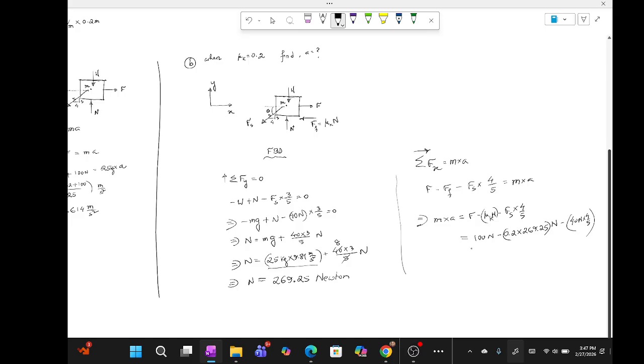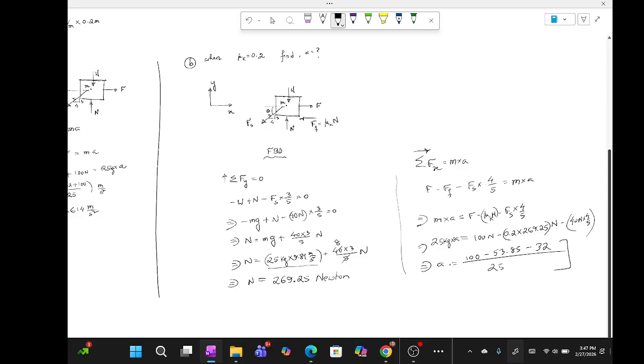So these three components, if you're going to do the math, and you have this 25 kg here multiplied by a, then the a value should be 100 minus, let me do some math here, 0.2 times 269.25, so you can verify it with me, you have this 53.85, and minus, you have this 40 multiplied by 4 divided by 5, you have this 32 here.